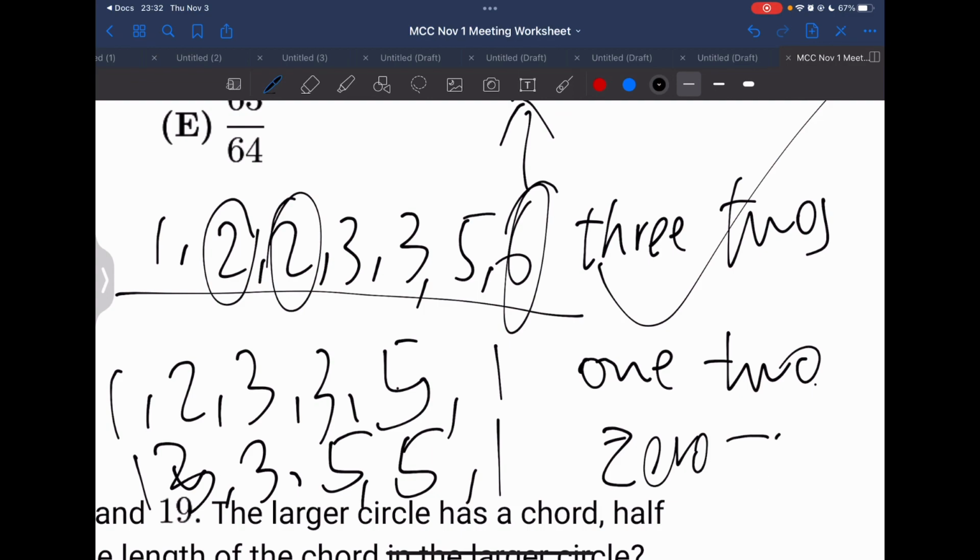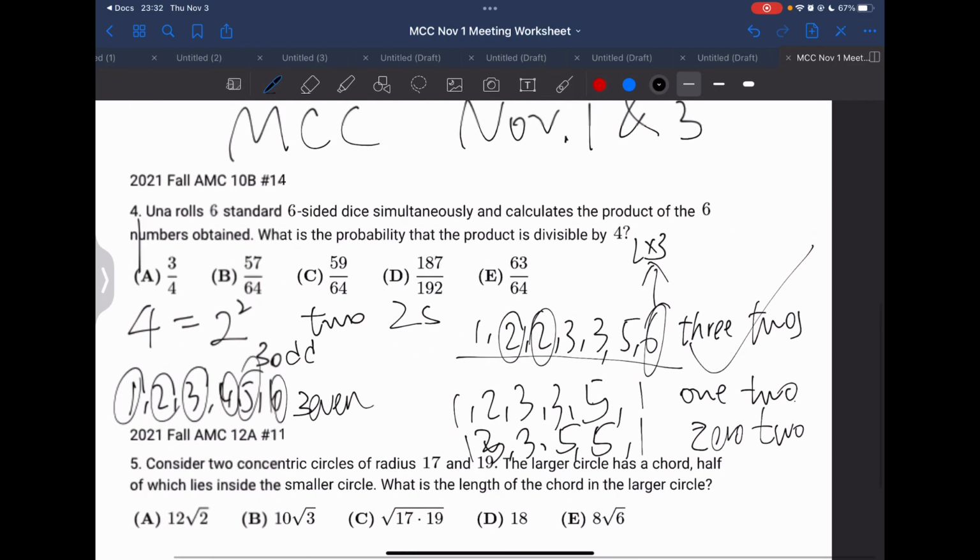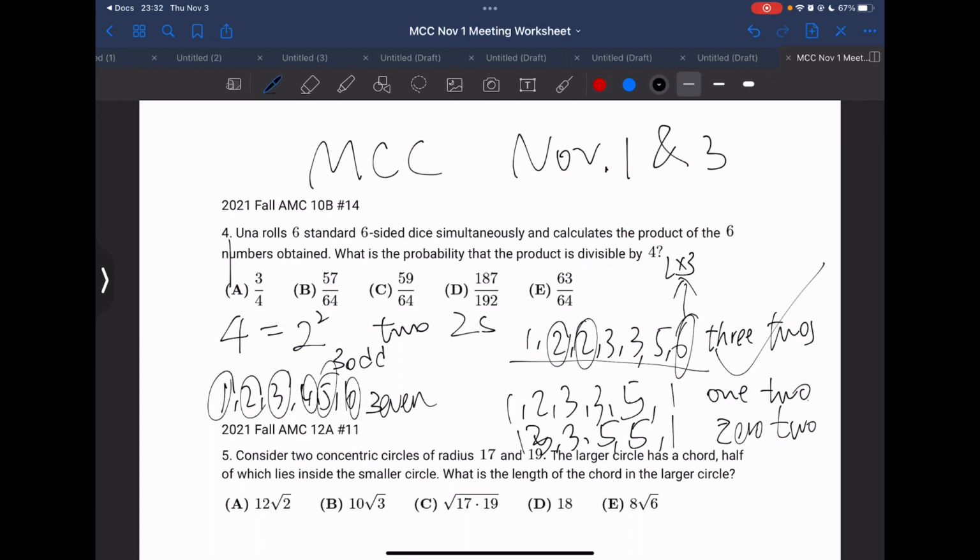It's also not divisible by 4. And right now, we just need to think about how many ways there are for no 2's or only one 2. So we consider zero 2's at first.